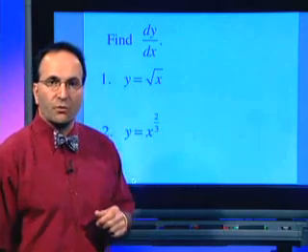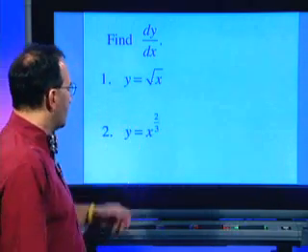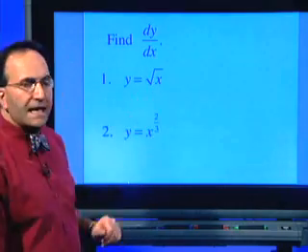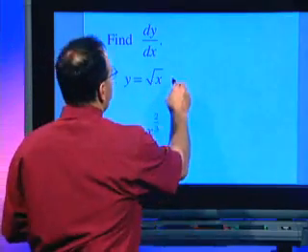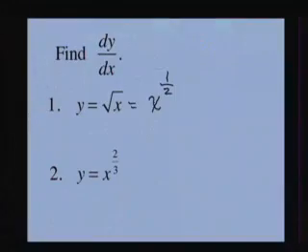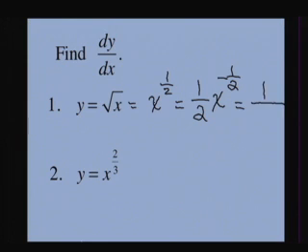Y equals the square root of x, and y equals x to the 2/3. Well, remember that y equals the square root of x is really x raised to the 1/2. So now we can apply that new rule, which tells us that it's 1/2 x raised to the negative 1/2. And you could take that one step further and say that this is equal to 1 over 2 square root of x.